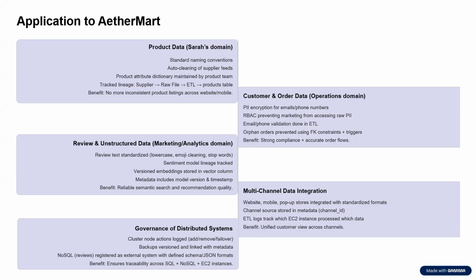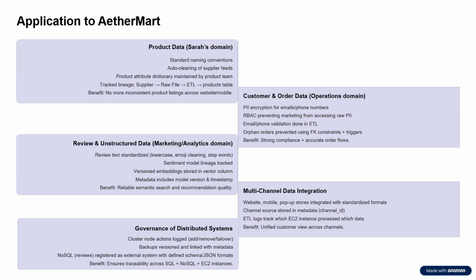So we have some email validation done, and then orphan orders are prevented using referential integrity. And this is necessary because this gives us strong compliance plus accurate order flows. Similarly, we have review and unstructured data for the marketing and analytics domain.